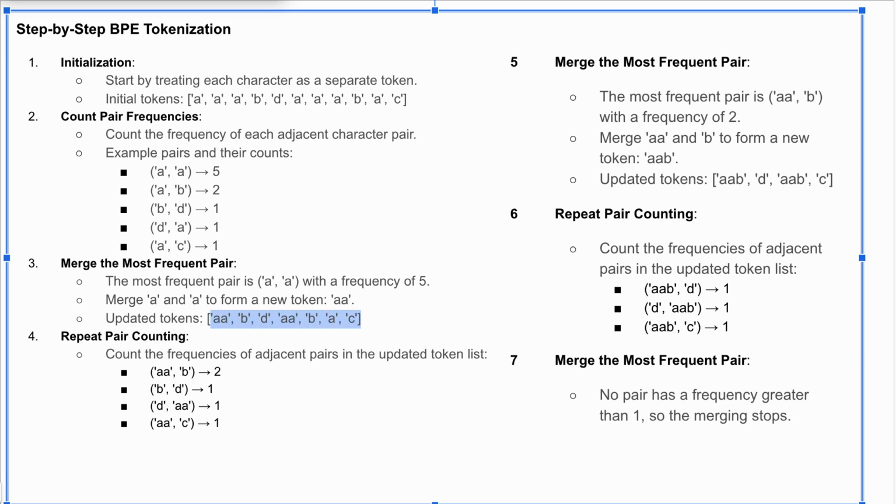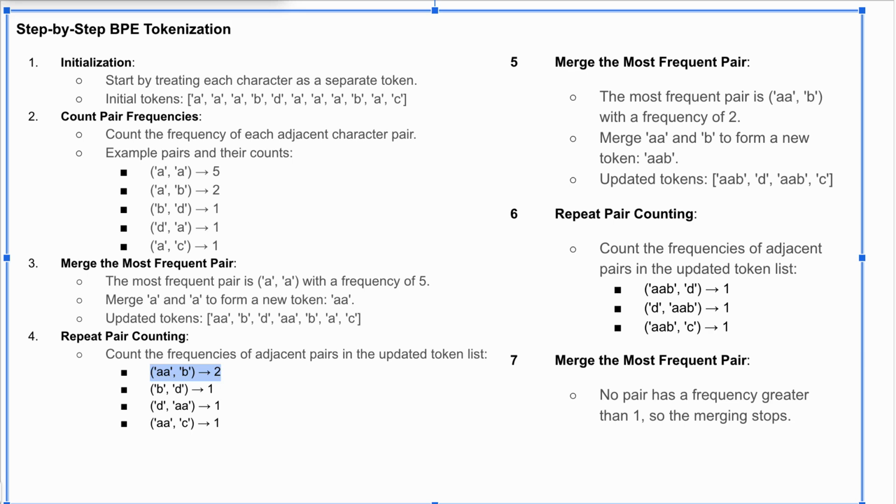Now you consider this as the input and repeat the same process. In this case, you see AA repeating twice along with B, here once and this second time. So this is 2, and everything else is just once. Now we can merge A comma B because that is the most frequently occurring pair.